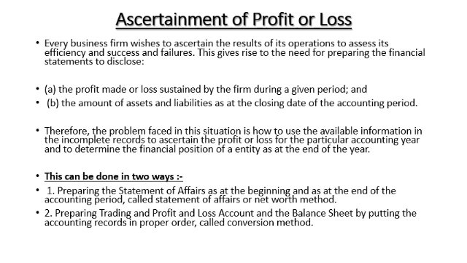Every organization wants to know these two points: disclosure of profit and loss as well as disclosure of assets and liabilities. Therefore, the problem faced is how to use the available information in the incomplete records to calculate the profit or loss for the particular accounting year and to determine the financial statement of the business organization at the end of the accounting year.